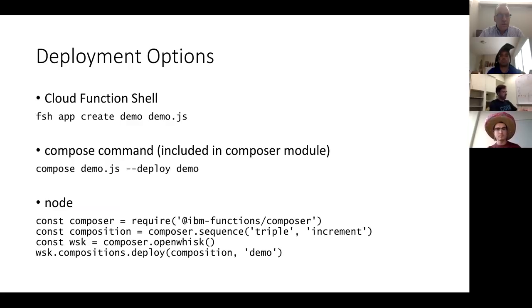You have to build your composition as I was doing before, and then you have to manually instantiate. Essentially, there are OpenWhisk JavaScript clients for OpenWhisk, which we've extended to now support compositions, and then you call deploy on that, you give a name to your composition, and you can do all of this through JavaScript with no other dependencies and no other module required.